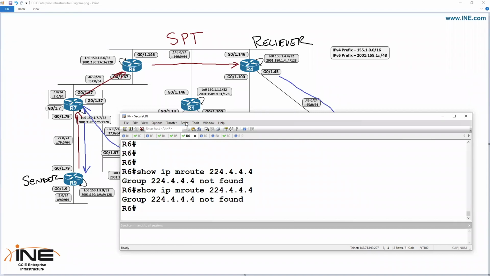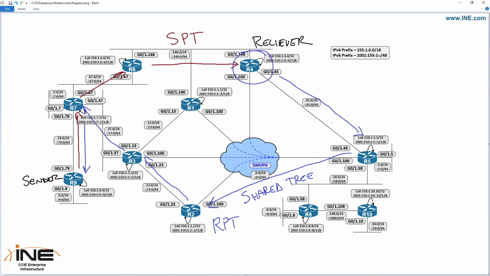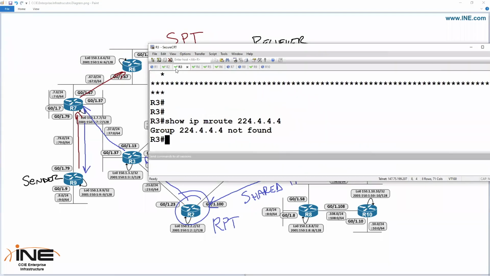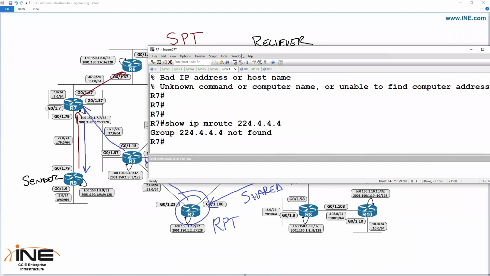So right now, the only ones that know about 224.4.4.4 are the receiver, router 5, and router 2. Okay, if we look at router 3, likewise it does not know about that group, nor does router 7. Okay, so we've only joined from the receiver up to the rendezvous point.